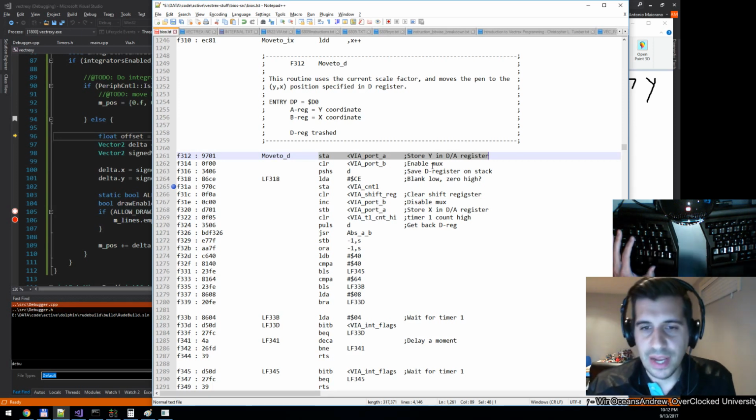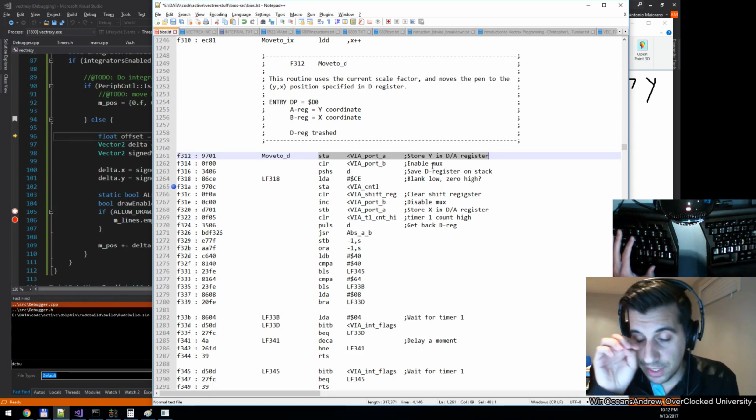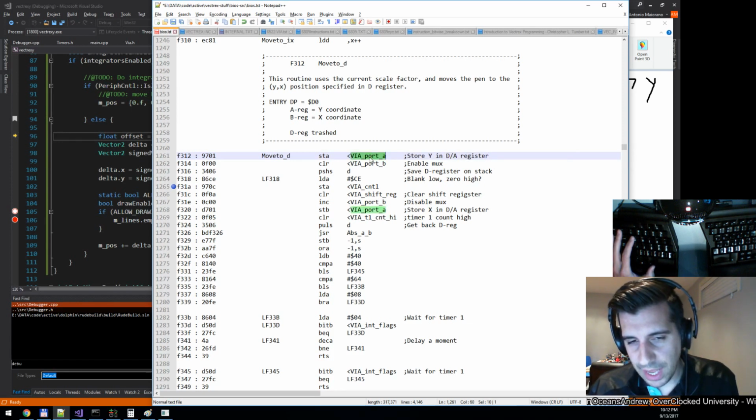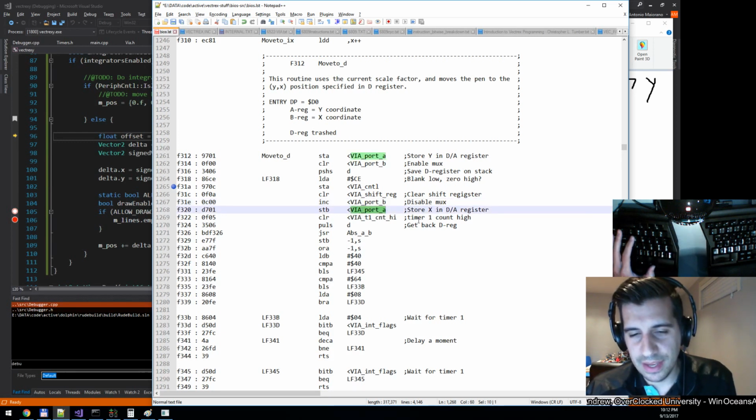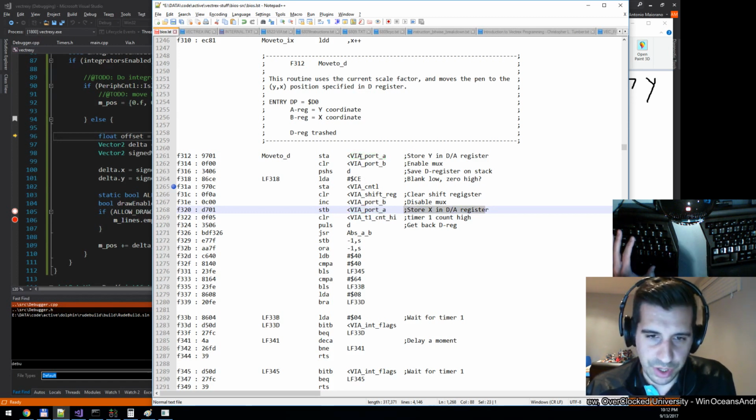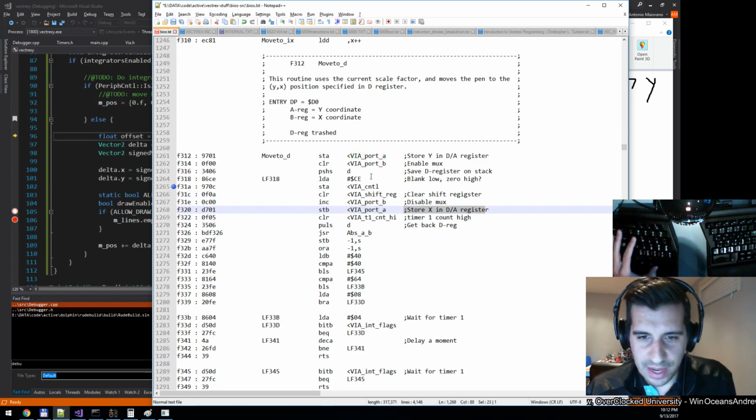But whenever we write to the DA register here, the DAC, which is port A, whatever you write here also ends up in X. So this actually writes to both Y and X. And then you need to disable the mux to write the next value, so that the next value you write only ends up in X and not in anything else. That's why it's always this order. It's always first write to Y, then later write to X by disabling the mux.